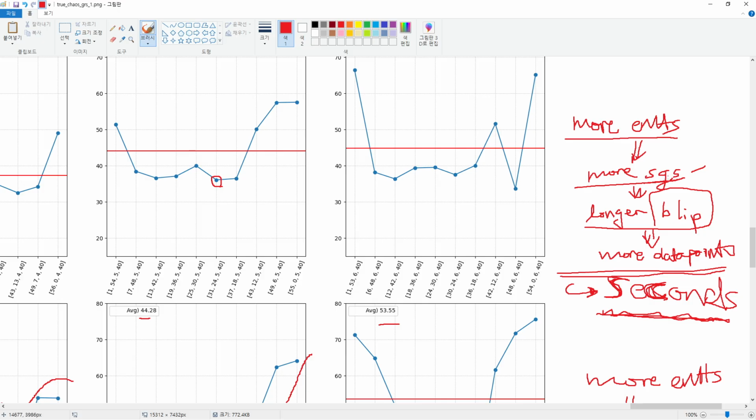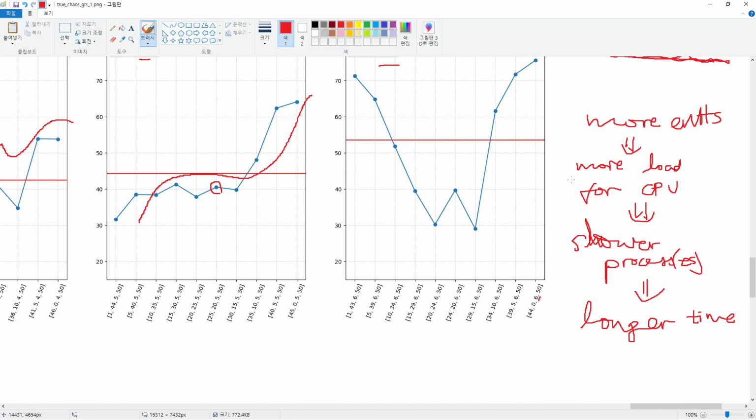However, if the entities are active enough, quote unquote, to use up these sand grains, that particular blip can be over more quickly. However, if there are more entities, it means more load for the CPU, which is slower, which leads to slower processes, which leads to longer time.